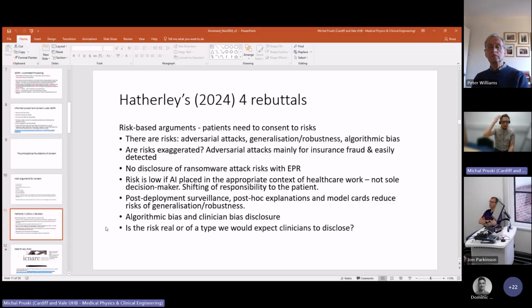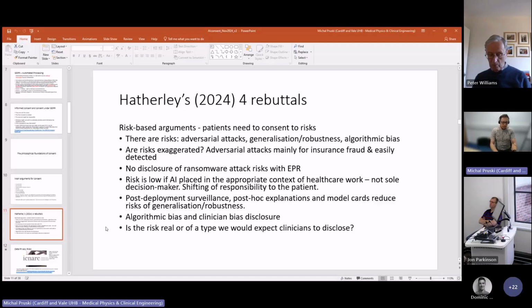Moreover, risk is low if AI is placed in the appropriate context of healthcare. So if AI is not the sole decision maker, but is used by the healthcare team and there's input from the multidisciplinary team on any decisions, then the risk of AI doing something wrong is lower.